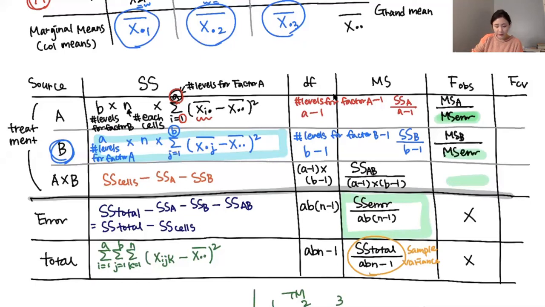F observed value for interaction is mean square interaction divided by mean square error. And my F critical values are, if my alpha is 0.05, we need to find the F value in the F table with alpha 0.05.